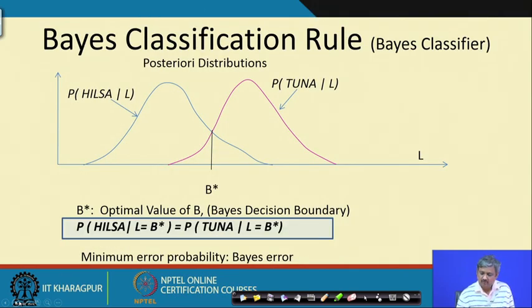Same as before, set your B star to be the intersection of the posterior distributions. And it will still have the minimum error.